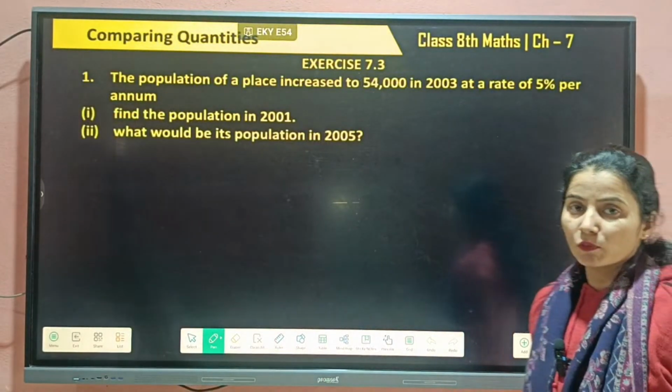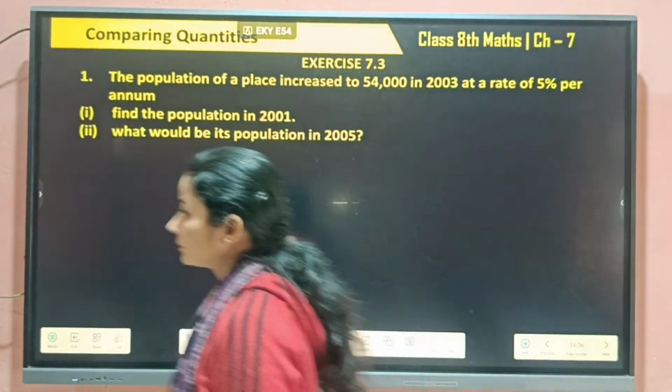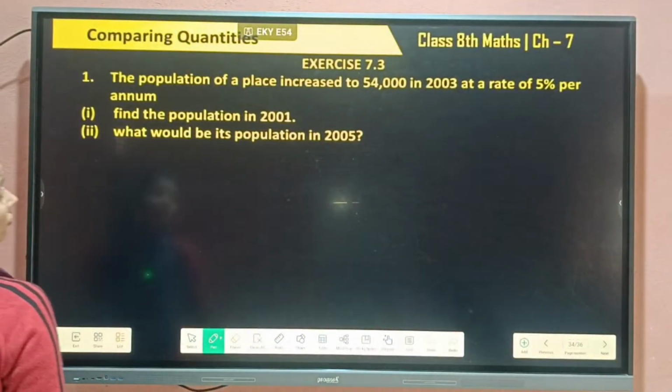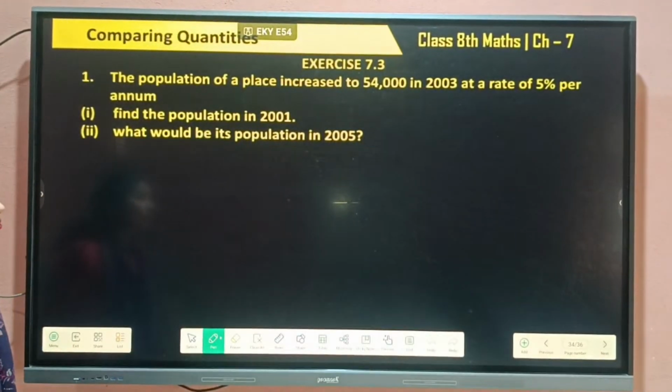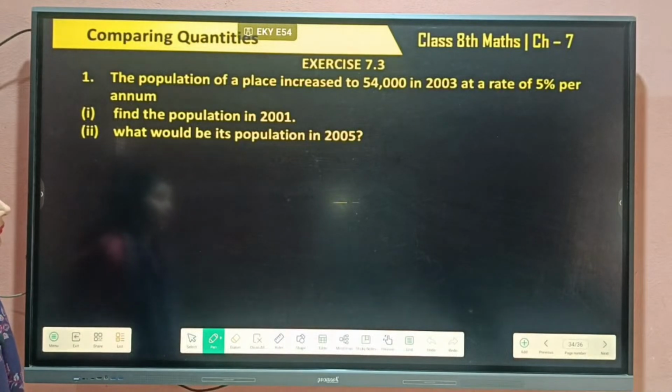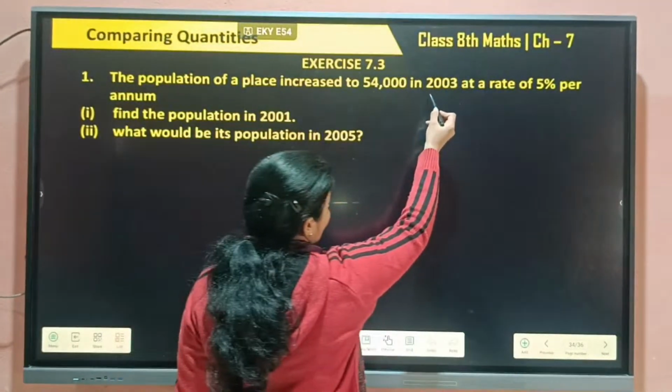Now exercise 7.3, example number 1. The population of a place increased to 54,000 in 2003 at the rate of 5% per annum. We need to find out the population in 2001. This is the population in 2003.